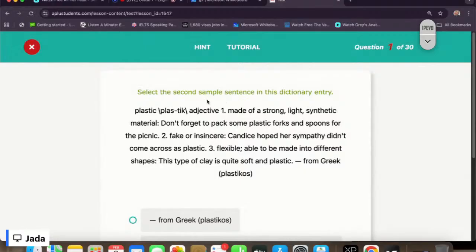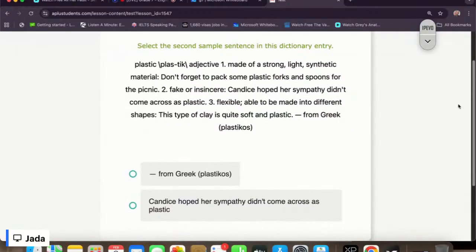All right, so select the second sample sentence in this dictionary entry. What's the second sample sentence?